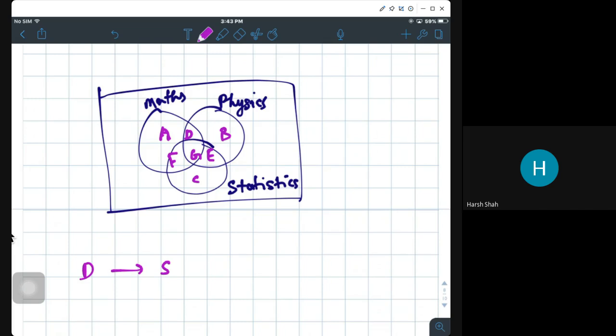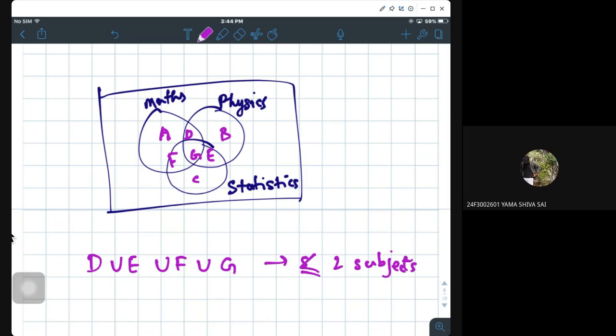Okay, then D union E union F union G is a set of students who have taken at least 2 subjects, minimum 2 subjects. Yes, right? D, F, G, and E. That means this part, the intersection.